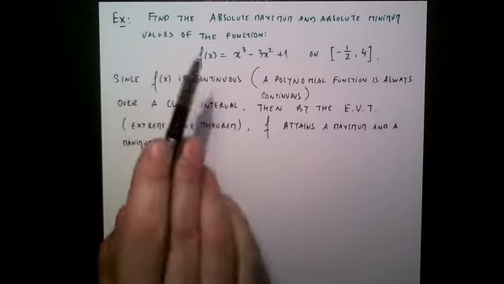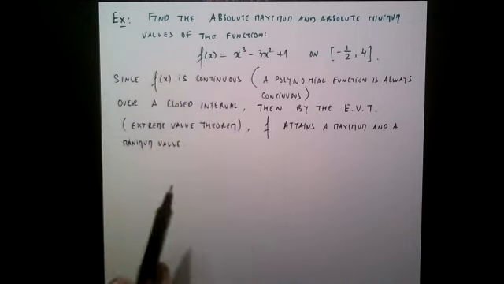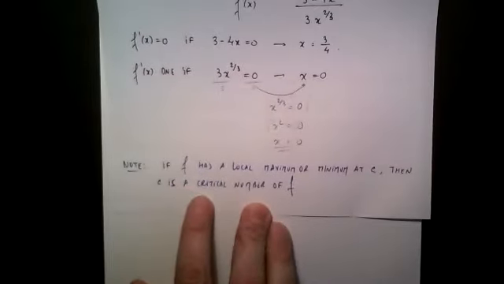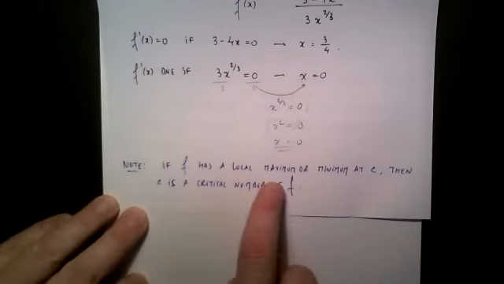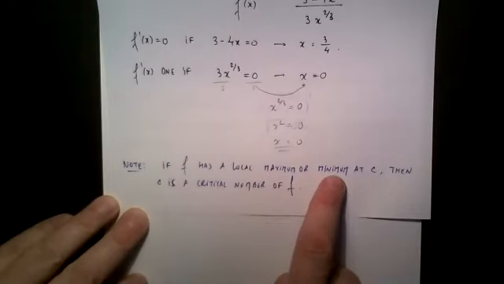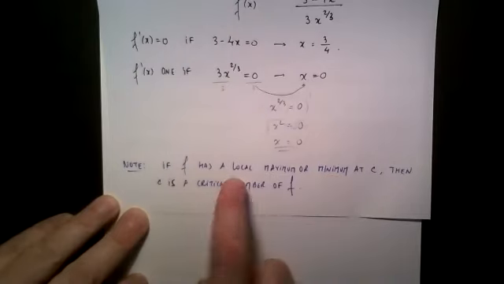The question here asks you to find the maximum and the minimum values. What I just wrote is that if it has a maximum or a minimum, local or absolute, who cares? If it's absolute, it's for sure local as well.